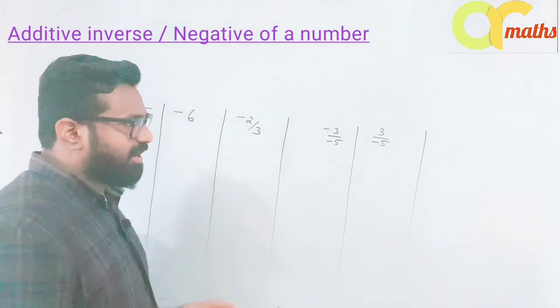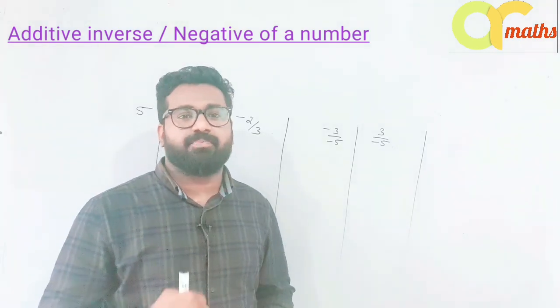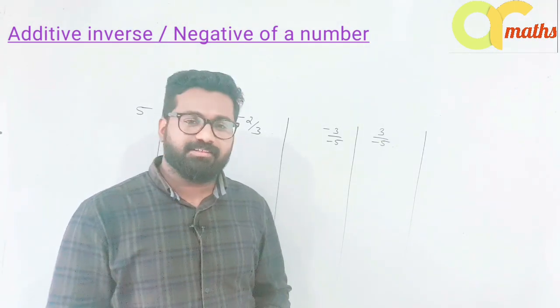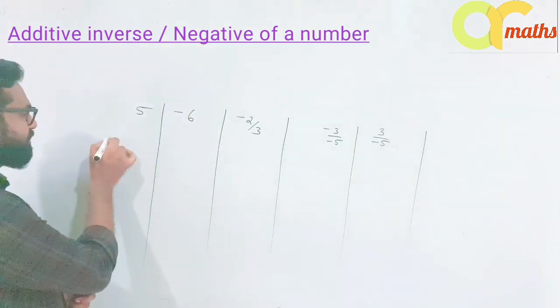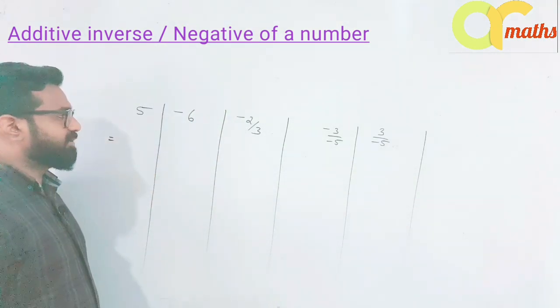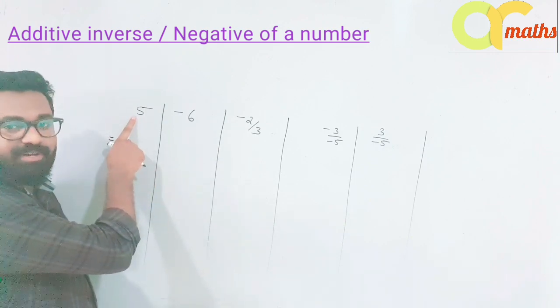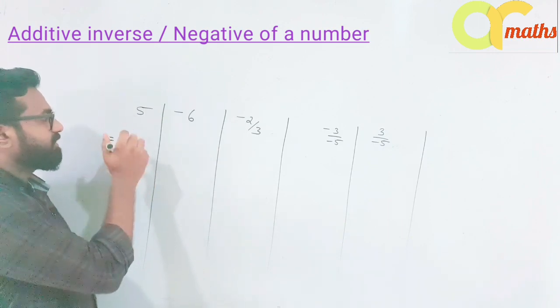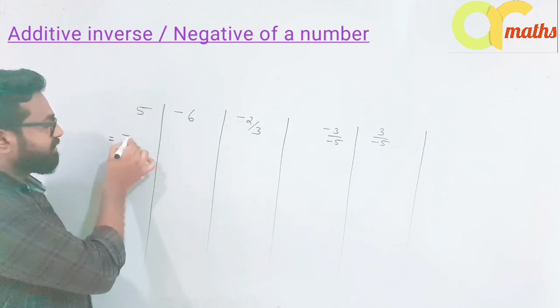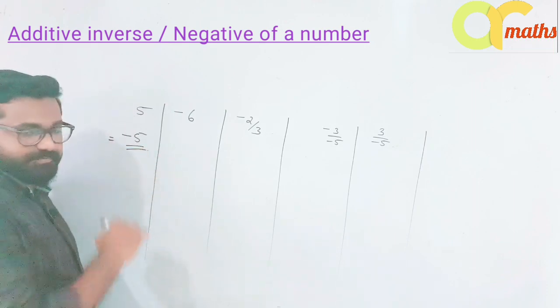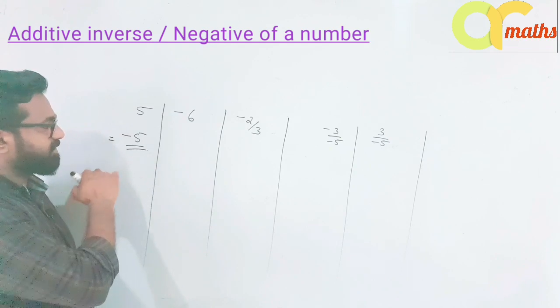Okay, next our topic is additive inverse, or negative of a number. Very simple topic. Additive inverse means the opposite sign. Ready? Listen. What is the additive inverse of 5? It means its opposite sign, or negative of 5. What is the opposite sign of positive 5? Write it as negative 5. This is its additive inverse. Clear?